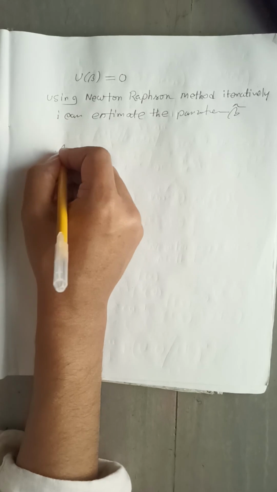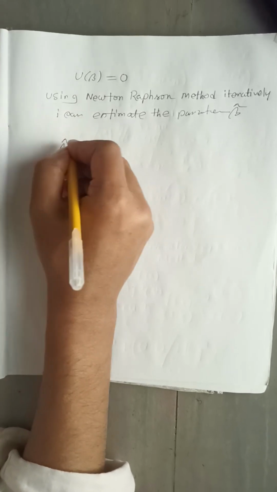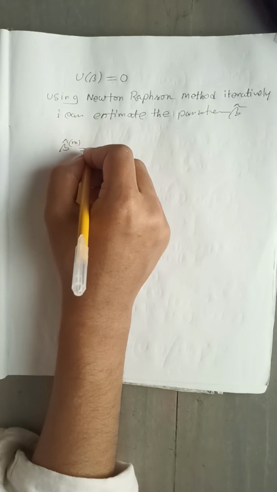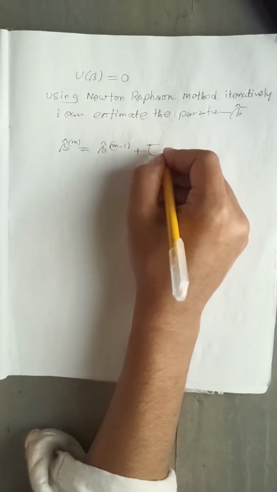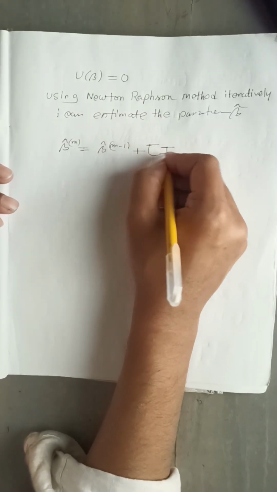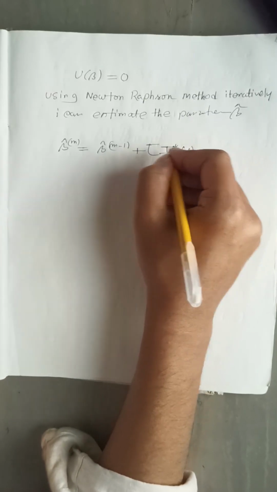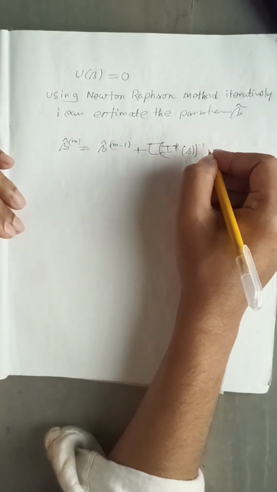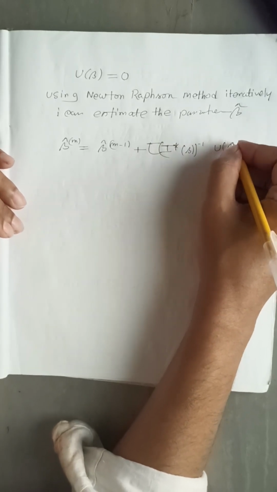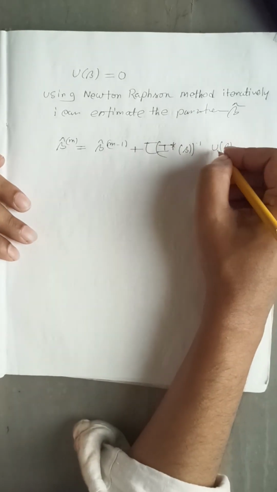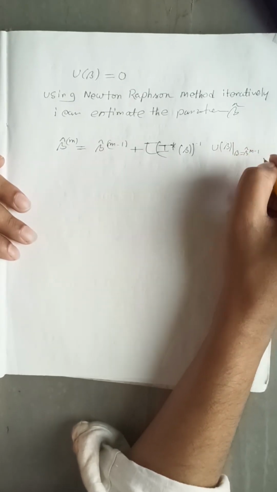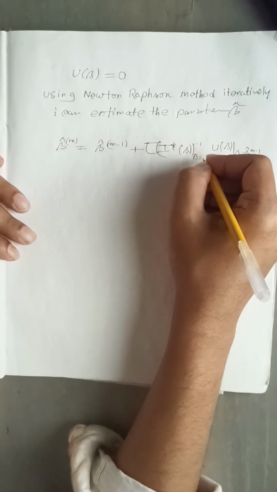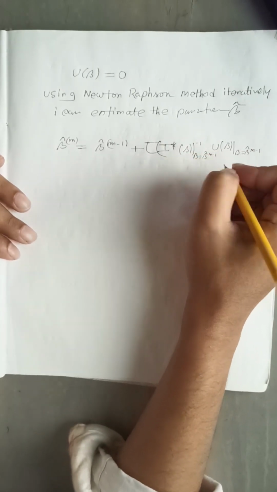For example, beta hat m is equal to beta hat m minus 1 plus I star beta hat inverse times U(beta). And this U(beta) is evaluated at beta equal to beta hat m minus 1. Same thing here, beta equal to beta hat m minus 1.